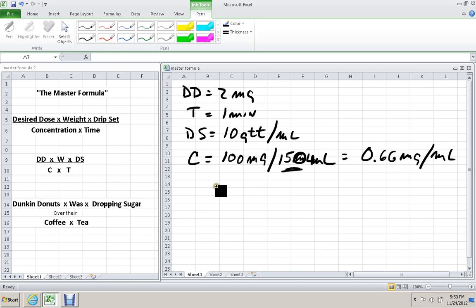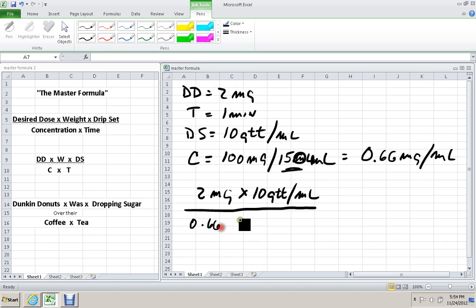So to put all this into the problem, we're mixing 2 milligrams times the 10 drops per milliliter drop set, and that's divided by the 0.66 milligram per ml concentration times 1 minute.